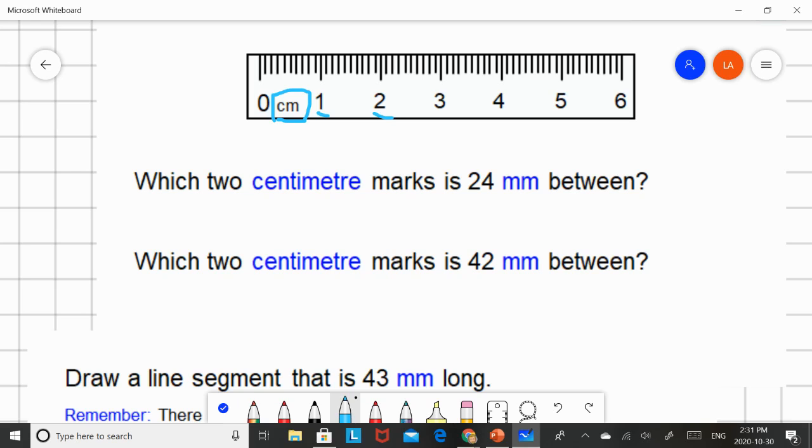So for 24 millimeters, we can go all the way to 20 millimeters at the 2, and then add 4 more millimeters. 1, 2, 3, 4. So right there is 24 millimeters. Which centimeter marks is it in between? Well, it's in between the 2 and the 3. So for this answer, we would say 2 and 3.